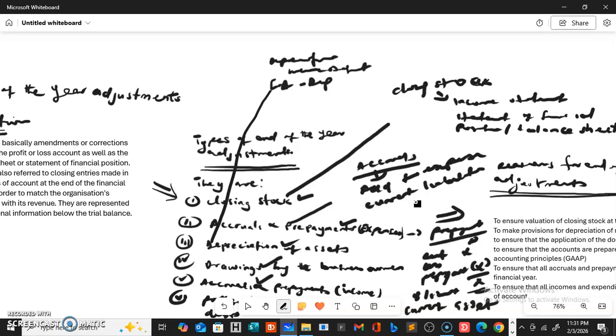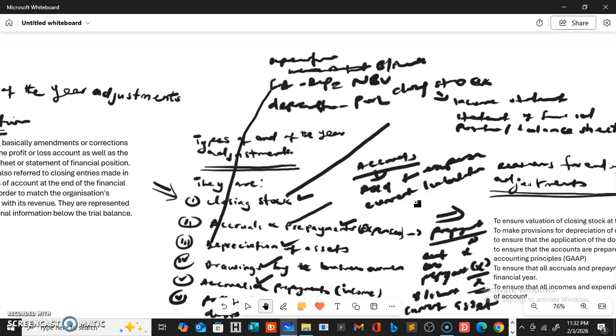Then the depreciation will be carried over to the balance sheet, where we deduct the depreciation from the fixed assets to give us the net book value of the asset. In the income statement we will have the depreciation charge in the P&L account.